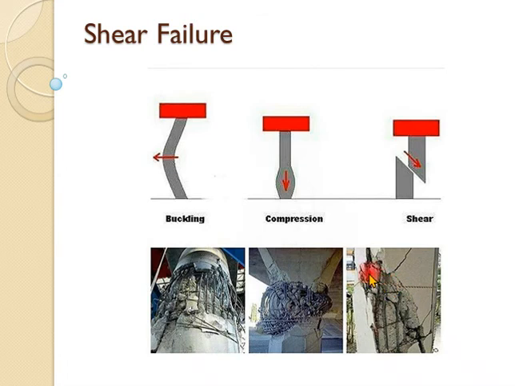And this one is a shear failure, and this one is a compression failure, and it can happen maybe on the bottom of the column or the top of the column. And this failure is called buckling, and we will talk about these different types of failure later on.